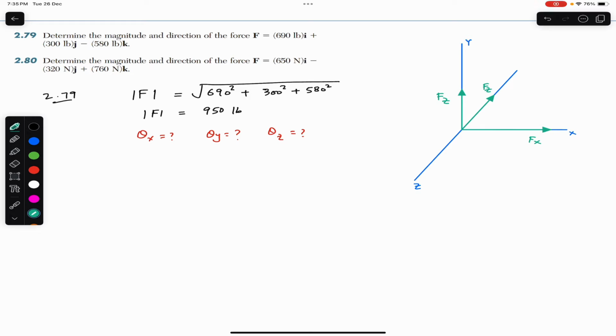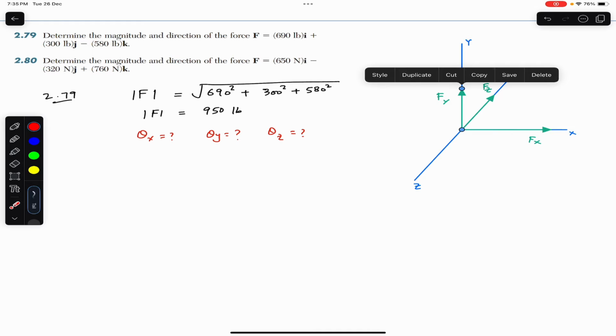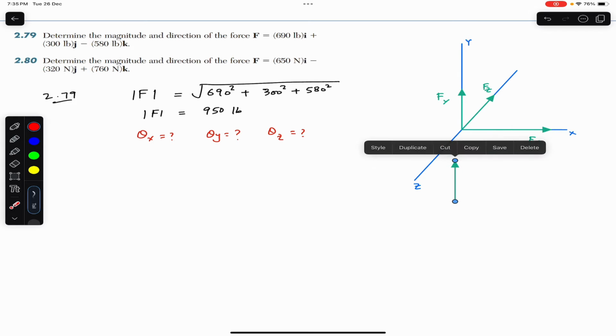And as we know that the sum of these three components by head to tail rule, they must give us the force F. So this is f of y, this is f of z. So now if I add these three components by head to tail rule, so let me copy this f of y. So this is f of y that must be acting here. First let me copy fz.